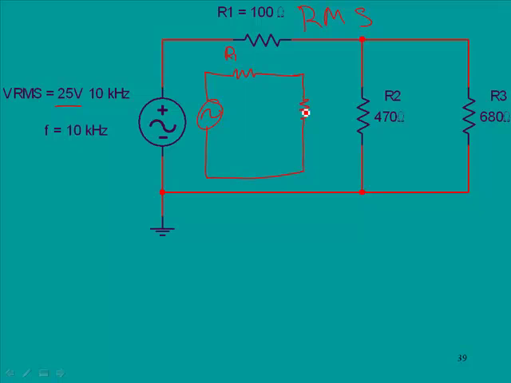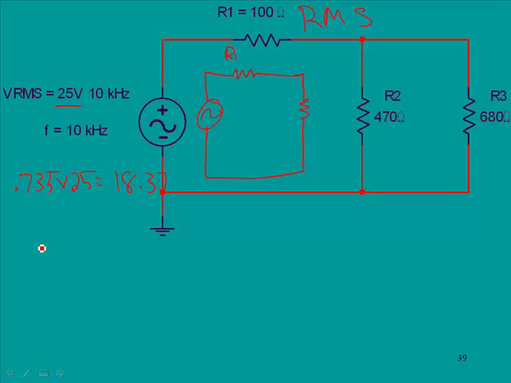We already did the voltage divider, so let's just take our value, 0.735 times 25, and that is going to yield 18.37 volts, and that would be our voltage across R2.